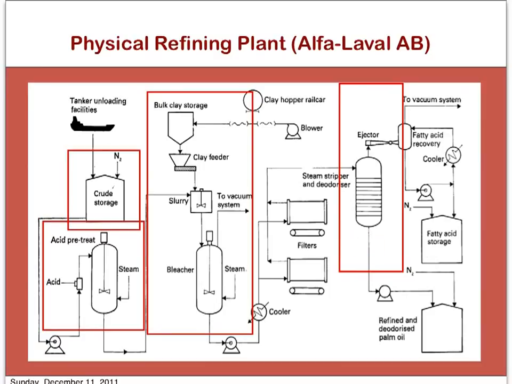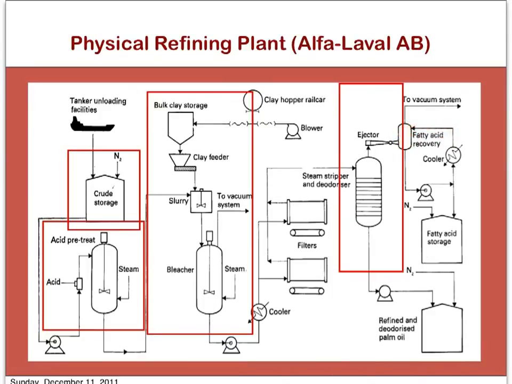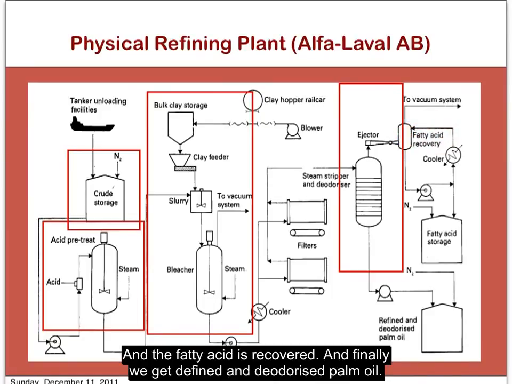So at this point, there is a stage of deodorization where the free fatty acids and other volatile compounds are removed from the oil, and the fatty acids are recovered. Then finally we get the refined deodorized palm oil.